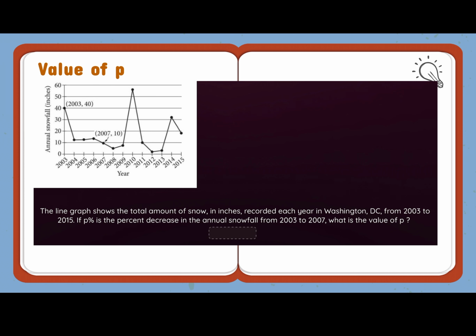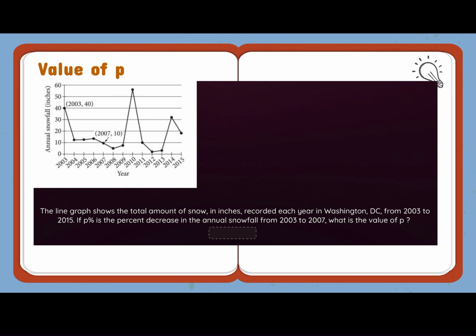Okay, this line shows the graph of the total amount of snow in inches recorded each year in Washington, D.C. from 2003 to 2015. Now, we only care about 2003 to 2007, and P, again, is in percentage.